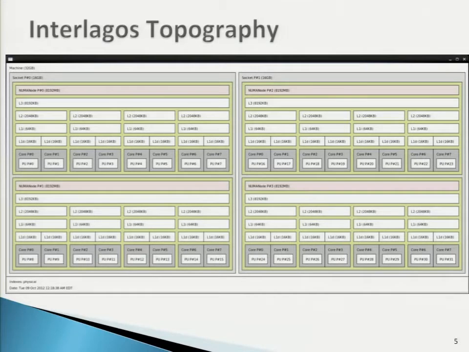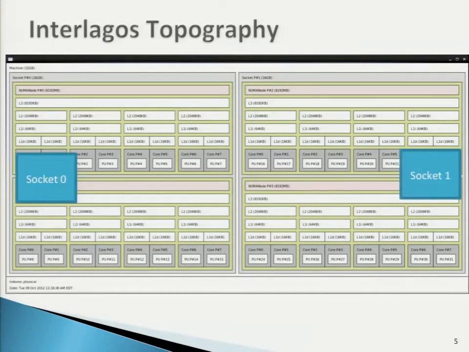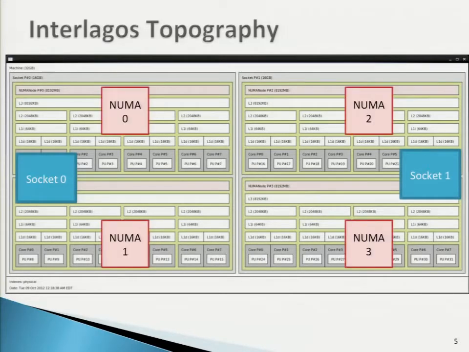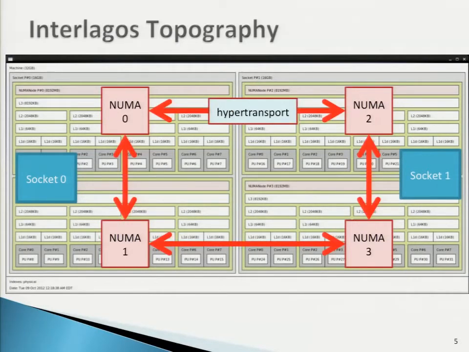So here we've got 2 sockets like before, but we've now got 4 NUMA domains, and we have what AMD call HyperTransport. It's their equivalent to the QuickPath Interconnect, and HyperTransport provides these fat links.